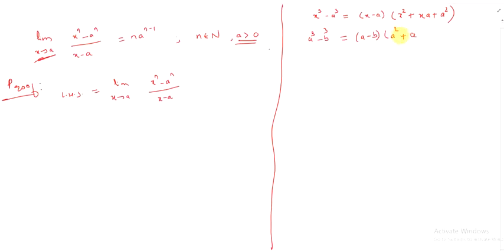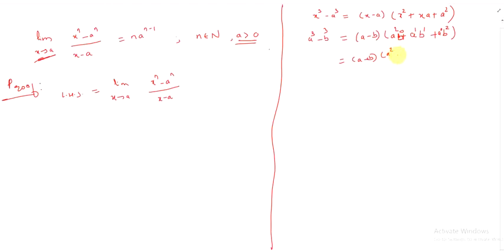Here the power of b is 0 and here the power of b is 1, and plus b square, where the power of a becomes 0 and the power of b becomes square. I hope that you are getting this one.